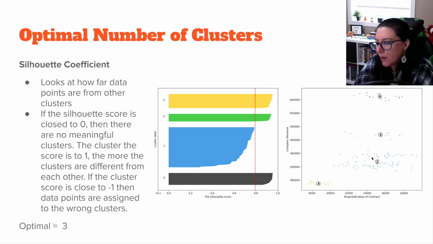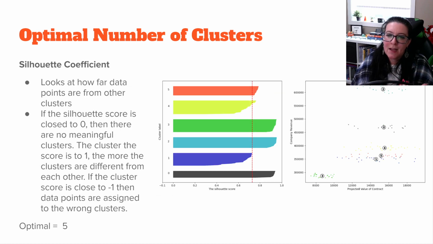So we have the elbow method and the silhouette coefficient, and you can see in this second example, if we're looking at additional clusters, maybe that wasn't enough. Maybe we want to be even more specific and break this group down into 3.